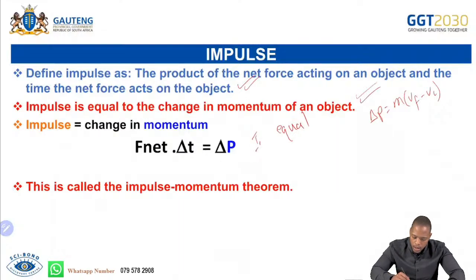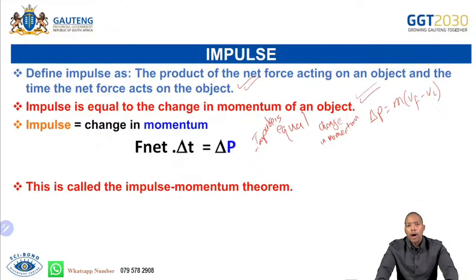Impulse is equal to the what? To the change in momentum. Now, when we say impulse is equal to the change in momentum, grade 12, we are not saying impulse is change in momentum. They are not one and the same thing.